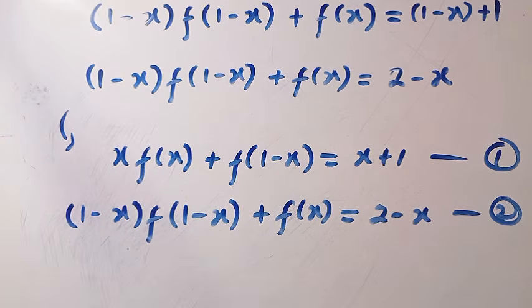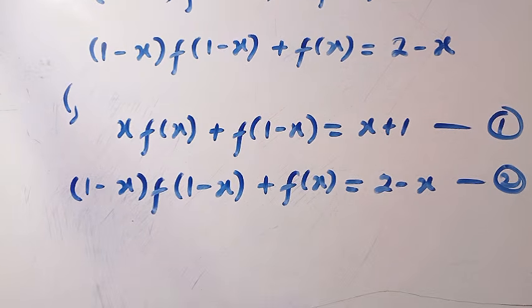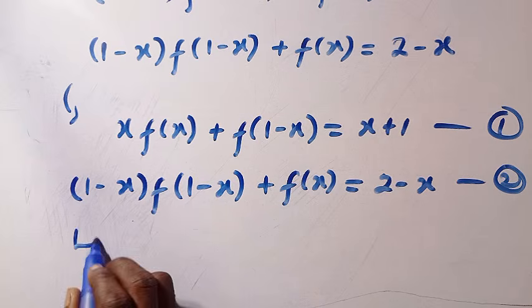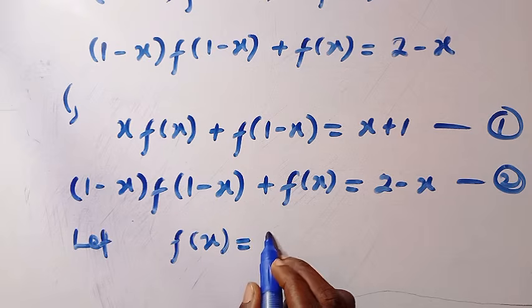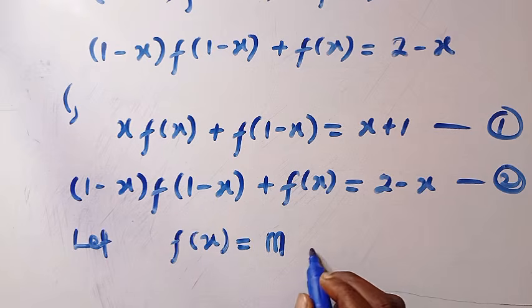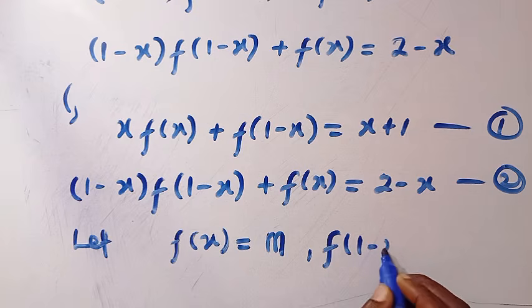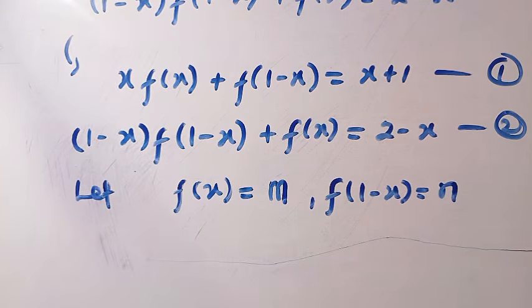From these two equations, to make it easier to solve, both of them contain f of x and f of 1 minus x. Suppose I let f of x be equal to m, and I let f of 1 minus x be equal to n. So anywhere I see these two, I'm going to replace them.